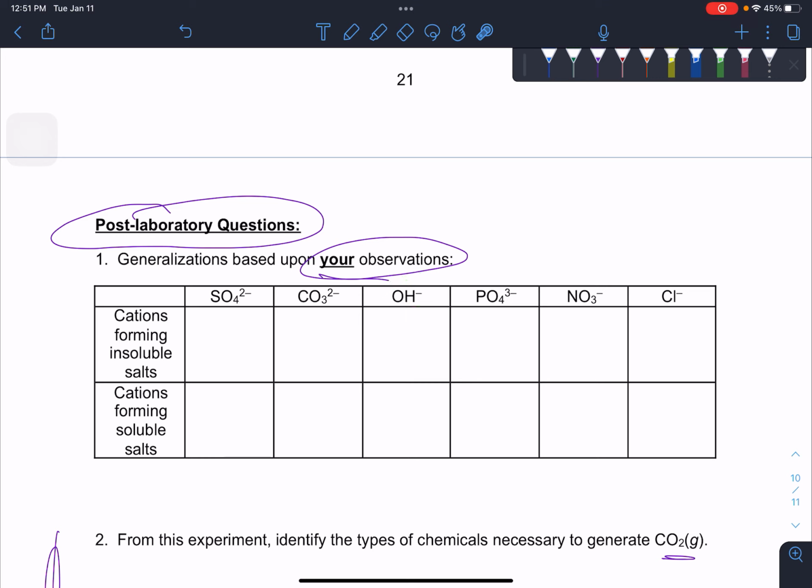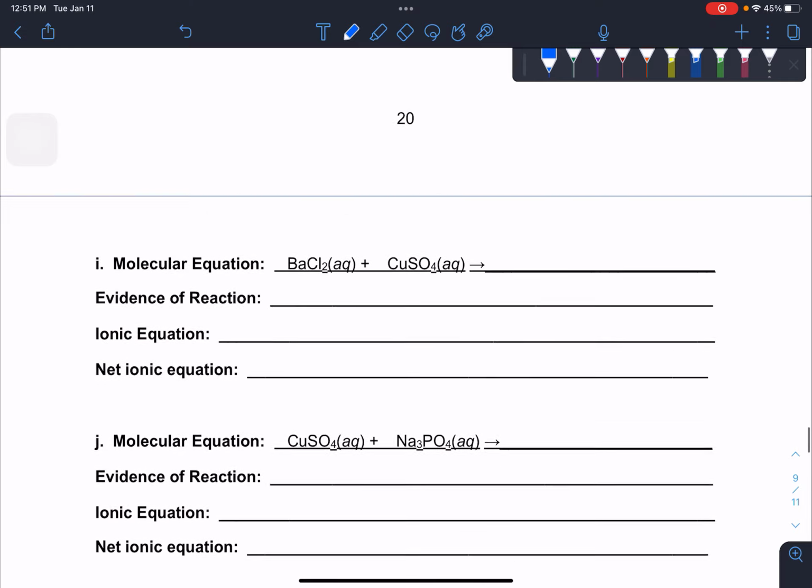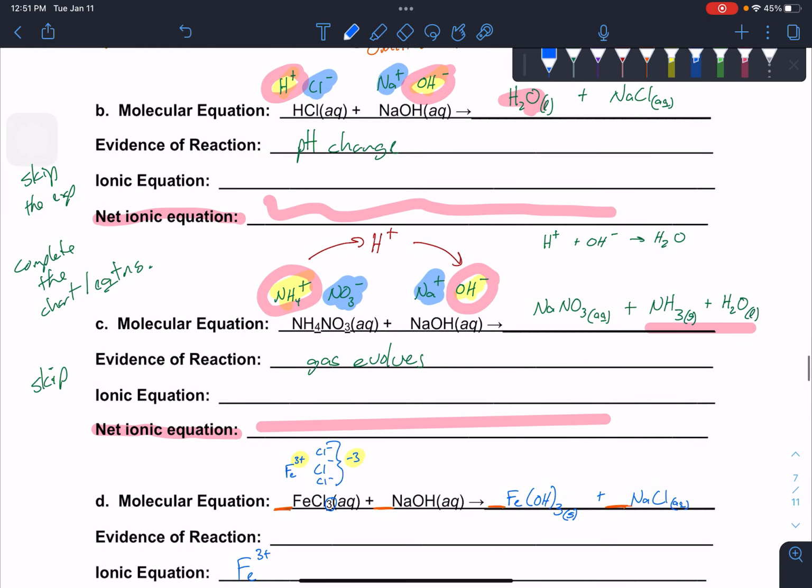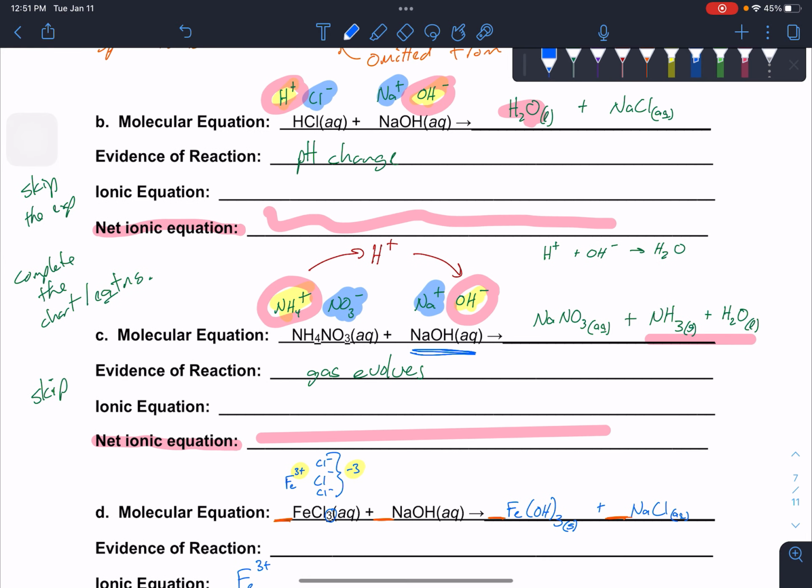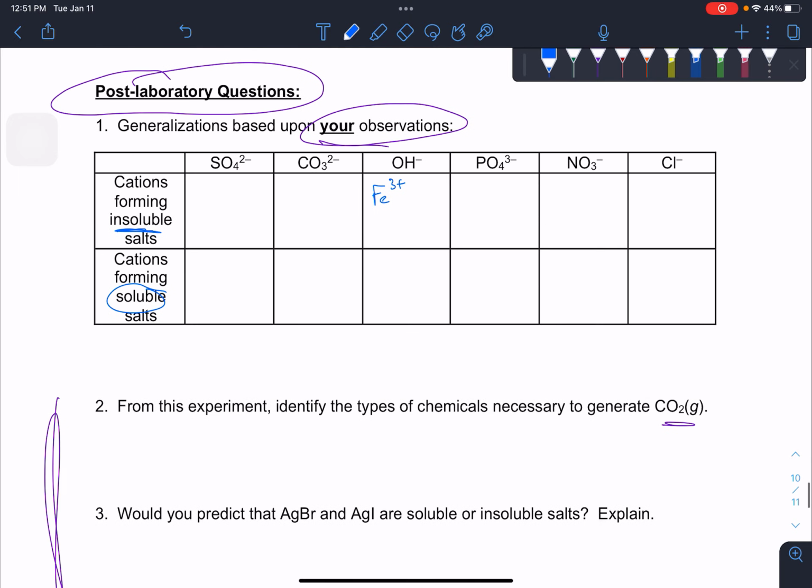Based on that observation, in terms of insoluble salts that I'm seeing, at least I know the ferric ion is going to form an insoluble salt. For what I've seen up to this point, in terms of soluble salts, there is one that we've dealt with a couple times now. That's soluble with sodium. And then I would write sodium in there.